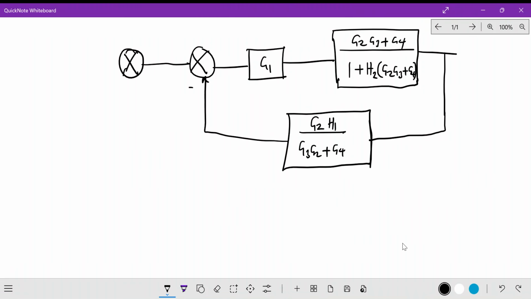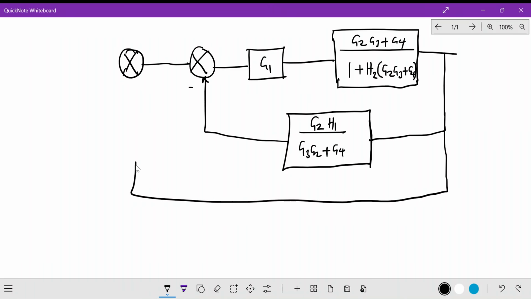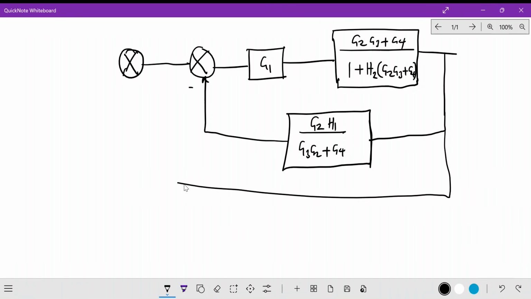Okay, and then here also you have a unit feedback that goes all the way up to here. Sorry. Okay, it's negative. And then this is the output C of S. This is R of S.